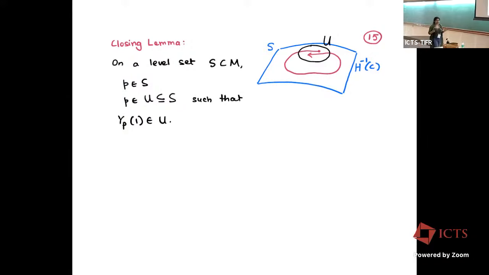So remember we said you're always moving on a level set, right? So now consider this toy picture where the level set looks like that blue square. Okay, and we have points moving on the blue square. Now, suppose there's a point which does not come back immediately to itself, but actually comes back near to it.